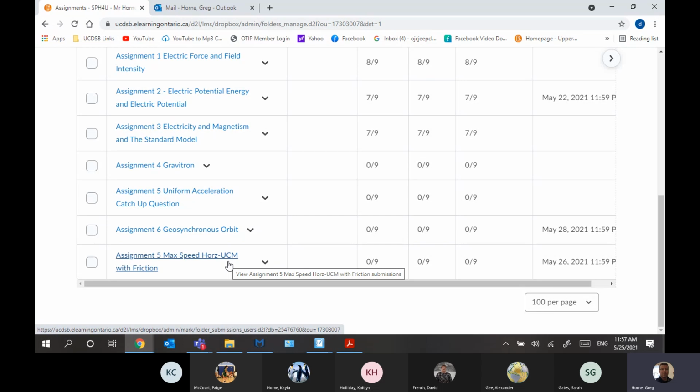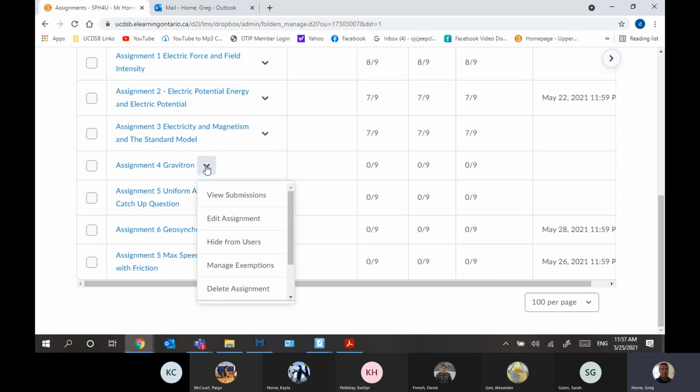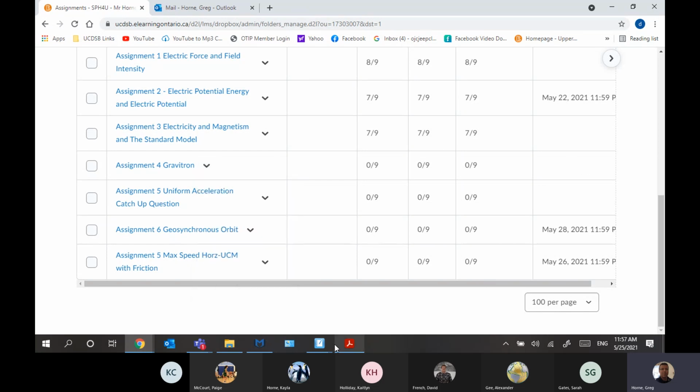That one's done. And then the Gravitation one is obviously due tonight. I might as well put a due date on that one while we're here too. I didn't assign this one yet, so I'll hold off on that. There's a uniform acceleration question I'll email out. It's a catch-up question on the new stuff we've done from grade 12. We just didn't do an assignment for it.